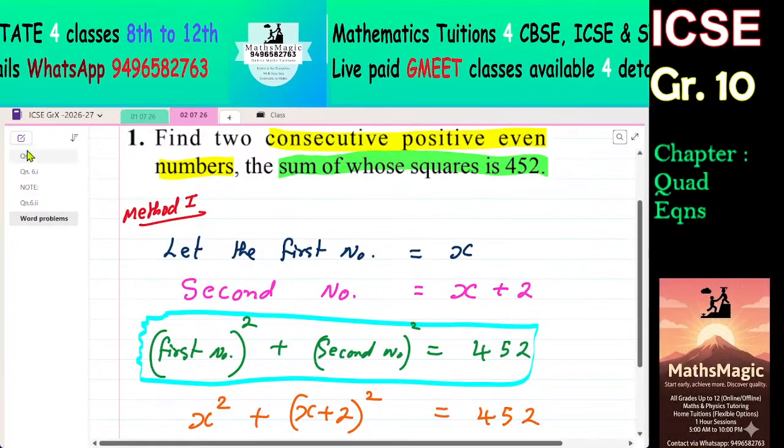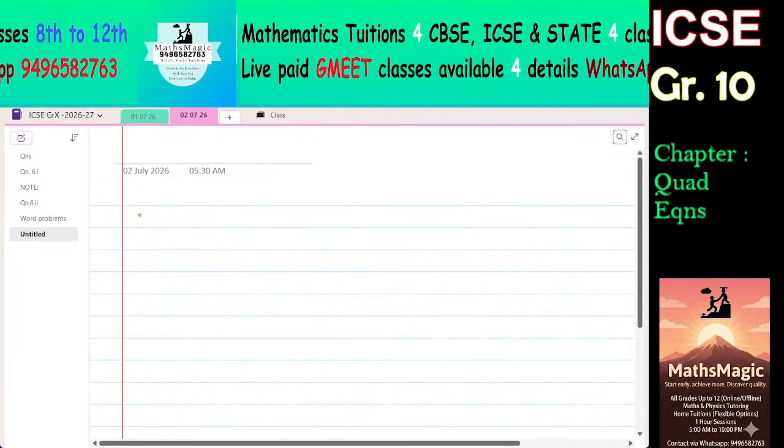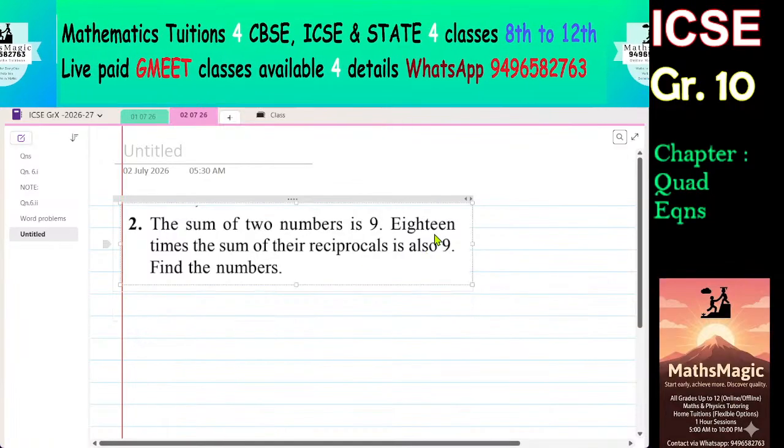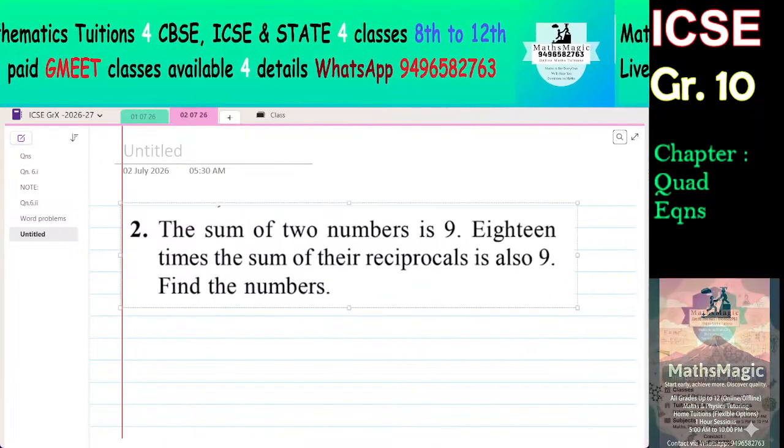Just work quickly in solving this type. I'll give you some questions on the whiteboard and you can start solving them.